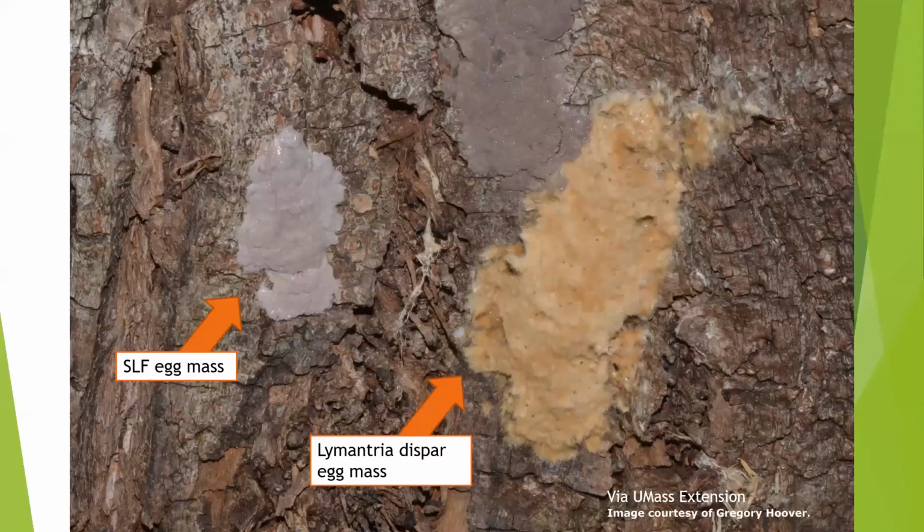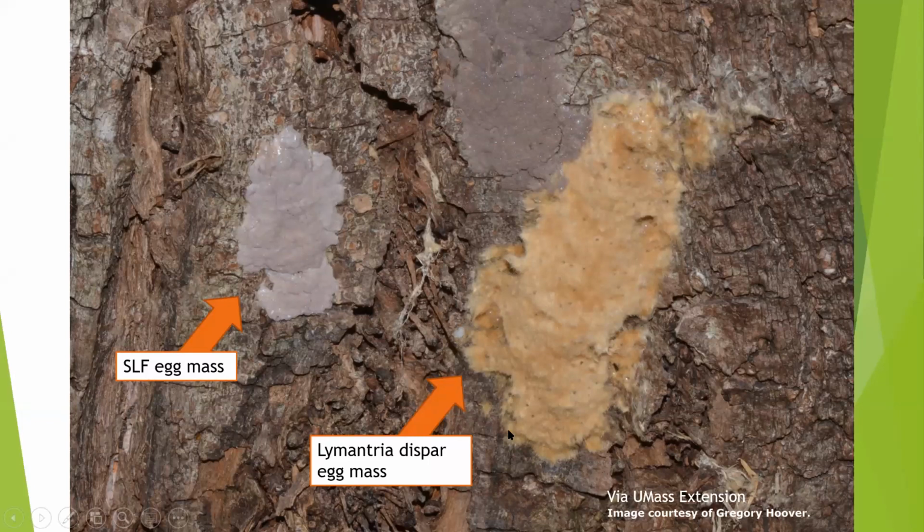The one big lookalike we have around here that you might confuse with spotted lanternfly egg masses would be Lymantria dispar, formerly known as gypsy moth, the egg masses that the moths lay. This is a great graphic from UMass Extension that I have quote unquote borrowed for the purposes of this webinar. On the left, we have the gray putty-like covering over a lanternfly egg mass.